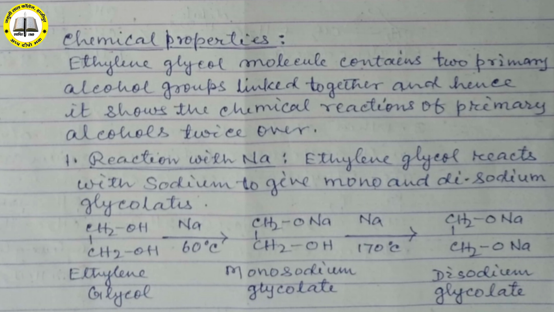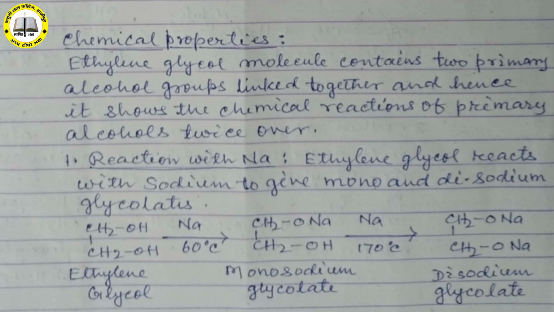Thus, the equation can be given as CH2OH-CH2OH, ethylene glycol, reacts with sodium at 60 degrees Celsius, gives CH2ONa-CH2OH, that is monosodium glycolate. Only one atom of sodium is attached to this ethylene glycol.